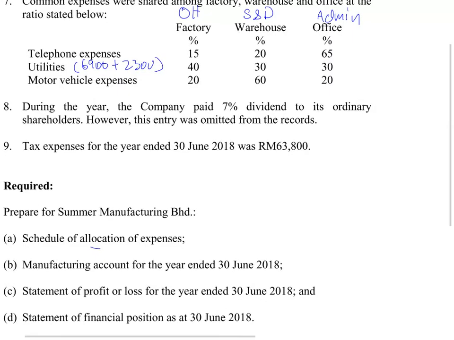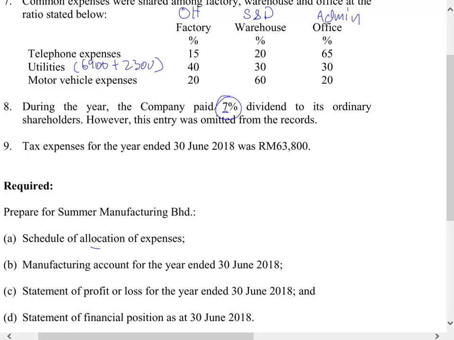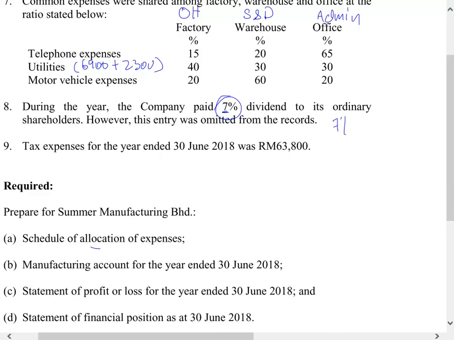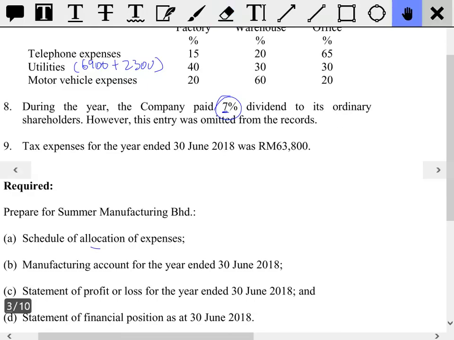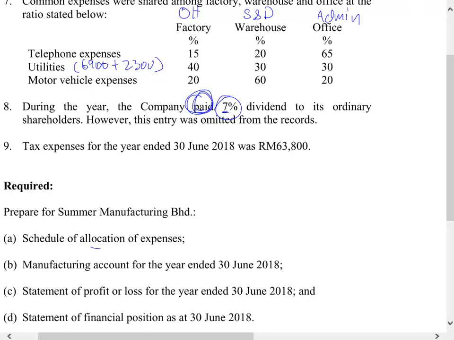Now, last two, 7% dividend is a given percentage. So it will be 7% of a double entry. Have we paid? Double entry, debit dividend, credit bank.